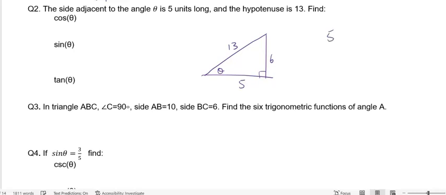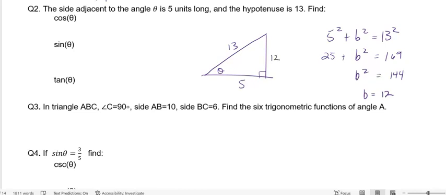So a squared plus b squared equals c squared. 25 plus b squared equals 169. b squared equals 169 minus 25 is 144, giving you b of 12. So it is a Pythagorean triple. You won't always get those, but we're starting off kind of easy here.